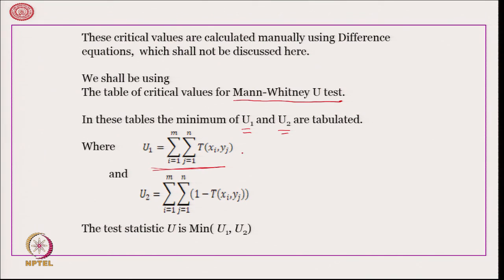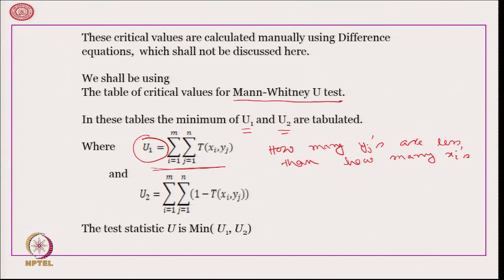Therefore, here we are checking how many yj's are less than how many xi's. So, that gives us the statistic u 1.